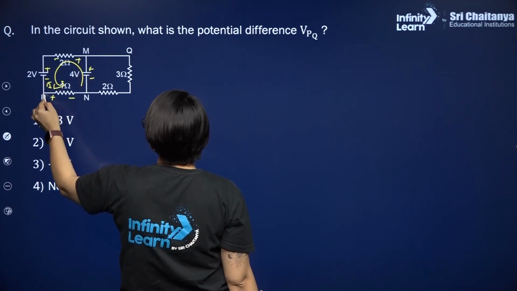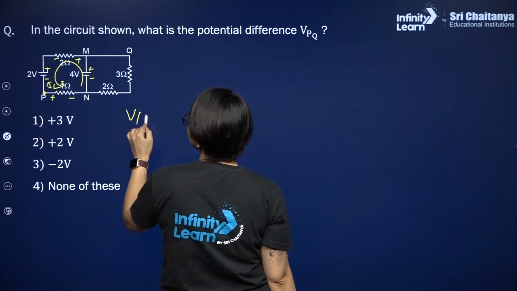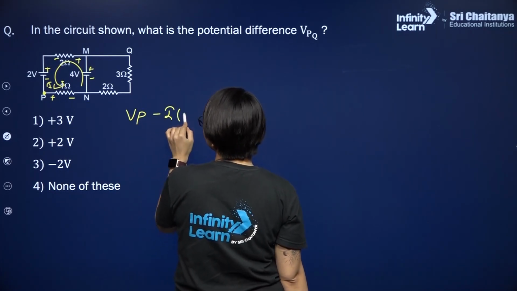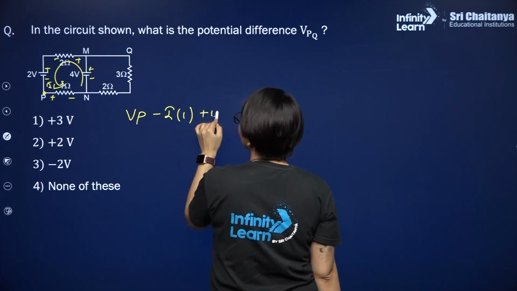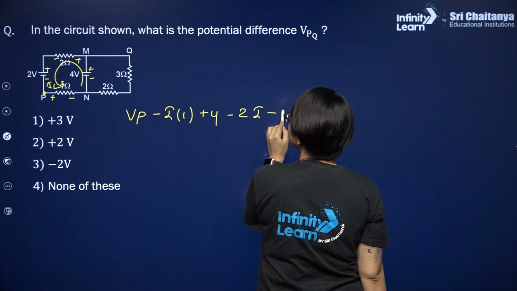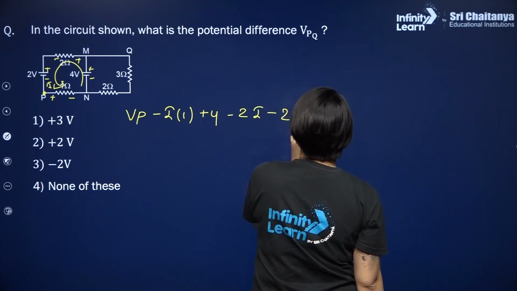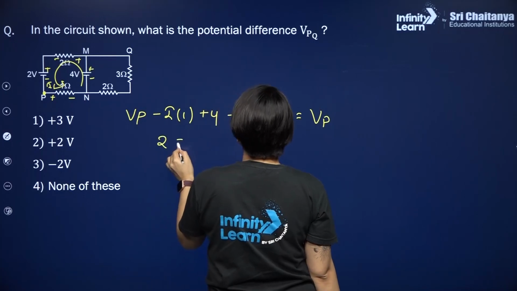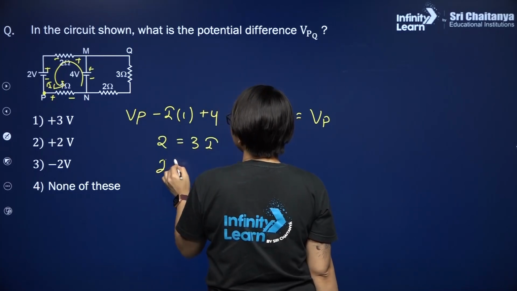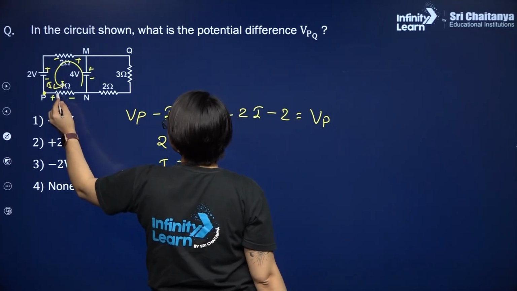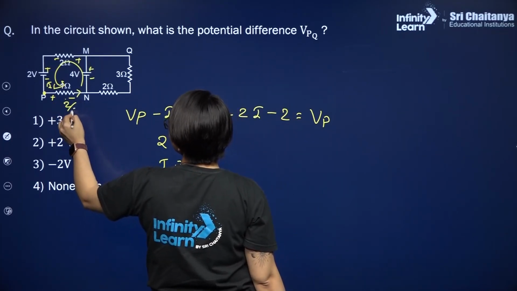From P, it is minus I into 1, then plus 4, then minus 2 into I, and minus 2 is equal to Vp. So over here 2 is equal to 3I. So I is 2 upon 3 ampere. So I in this branch is flowing as 2 upon 3 ampere.